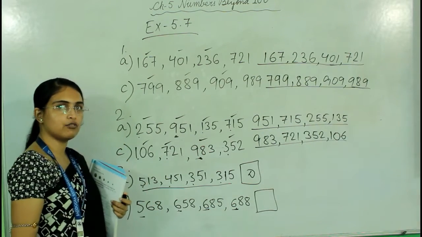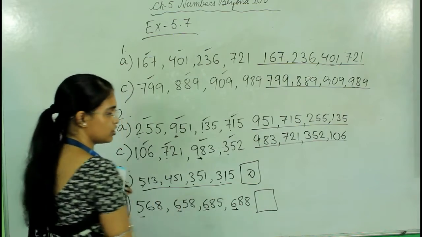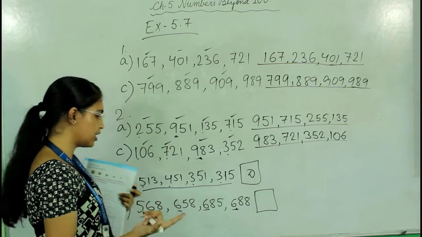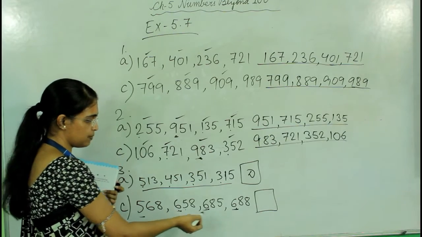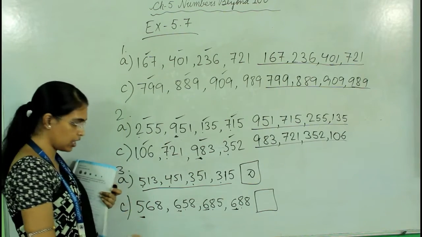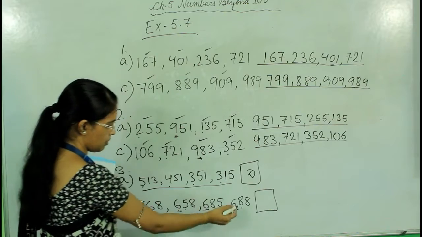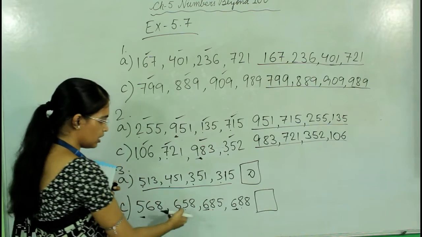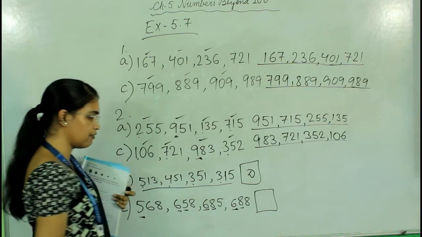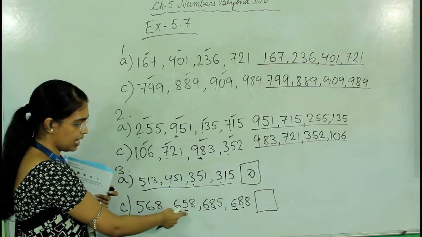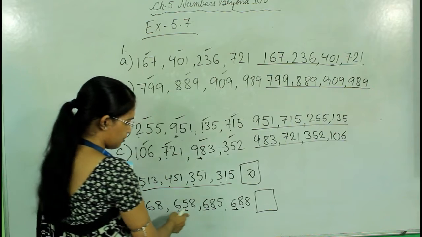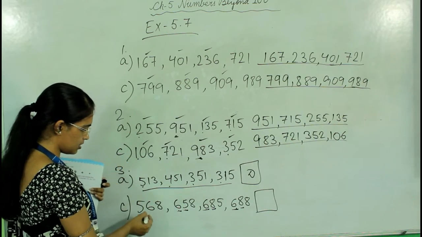So for identifying which is the smaller or bigger number, we have to check the tens place. Here we have 5, okay. Then among these three numbers we check the tens place: here we have 5, here 8 and here again 8. So 5 means this is the smaller number.